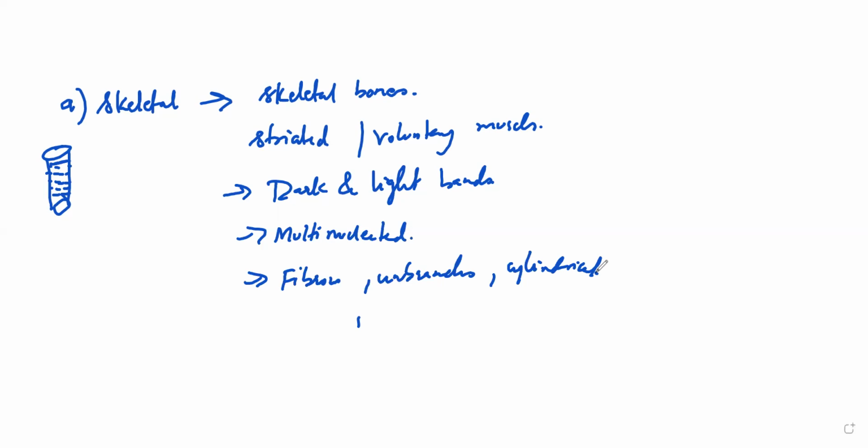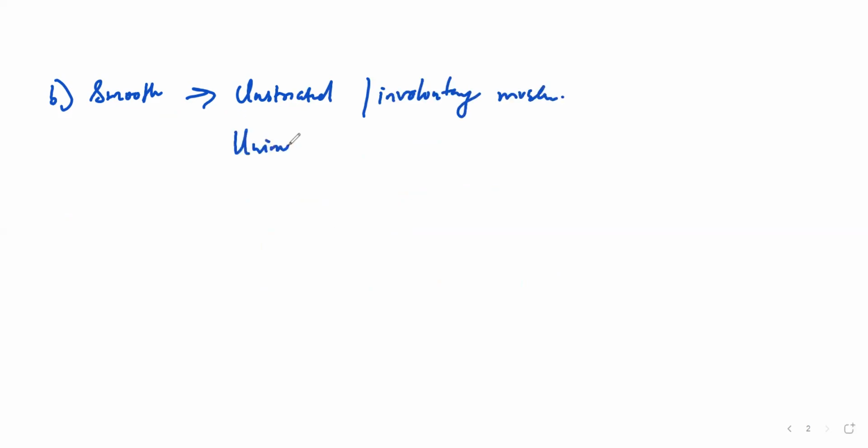Then comes the second one, smooth. So now smooth muscles is also termed as unstriated or involuntary. So they are not under our control. Okay. Then they are uninucleated and they do not have bands.